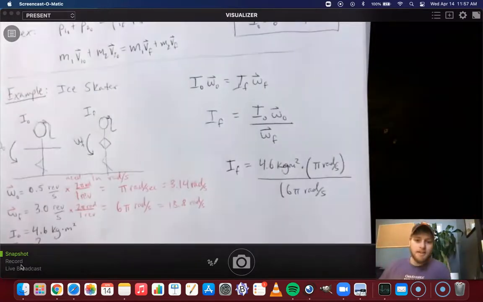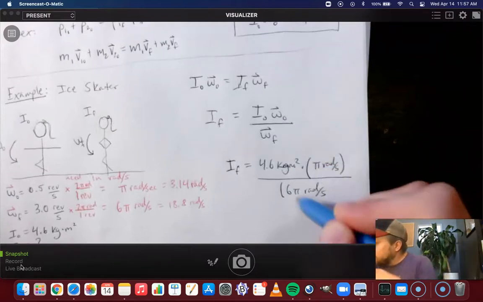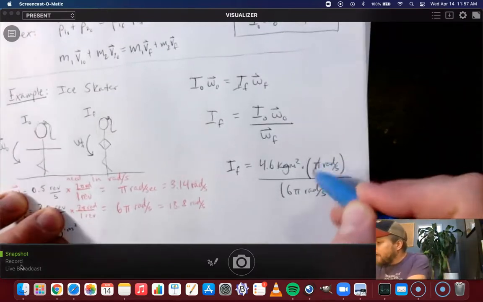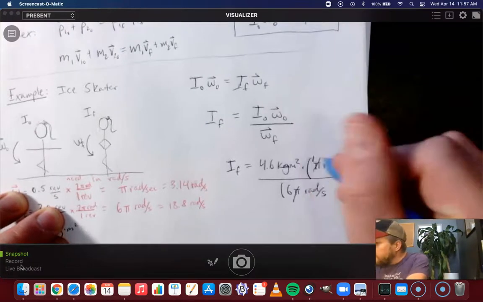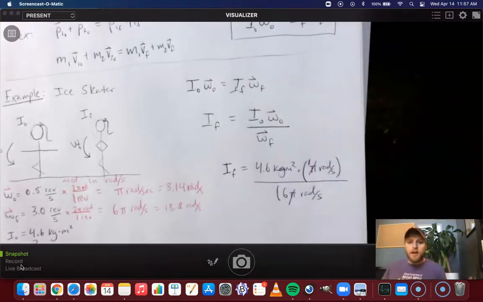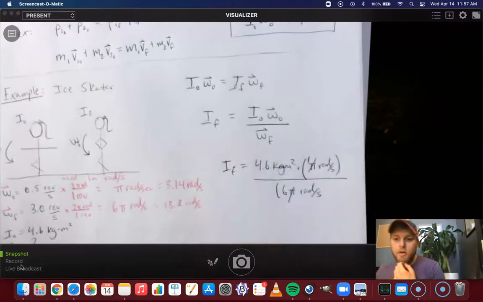It's actually really nice to see that this cancels out nicely. This is pi radians, we've got 6 pi radians, so the pi cancels. We're left with 1 over 6. So because their angular velocity went up by a factor of 6, we can figure out directly that their moment of inertia must have gone down by exactly a factor of 6.